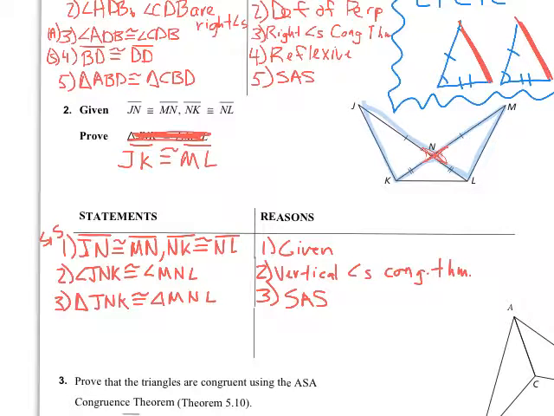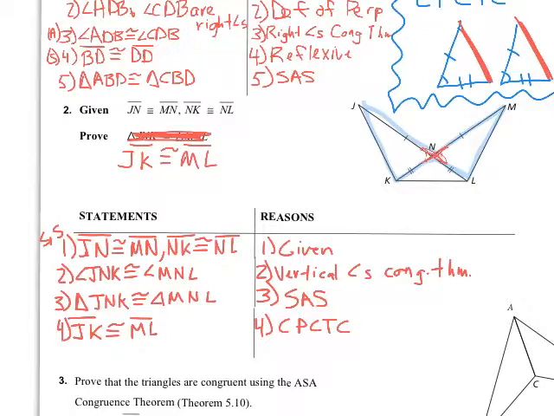Because those are corresponding parts of congruent triangles. So fourth, we're going to say segment JK is congruent to segment ML. And the reason is CPCTC: corresponding parts of congruent triangles are congruent.